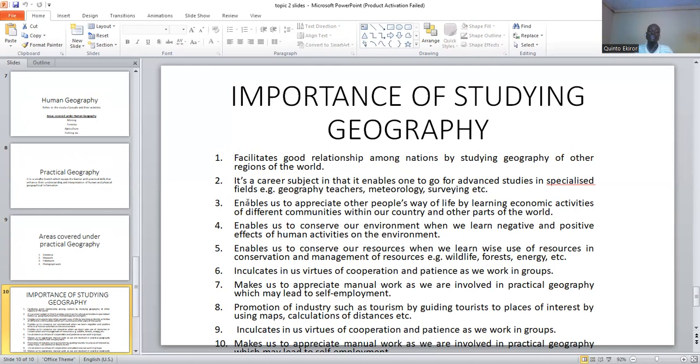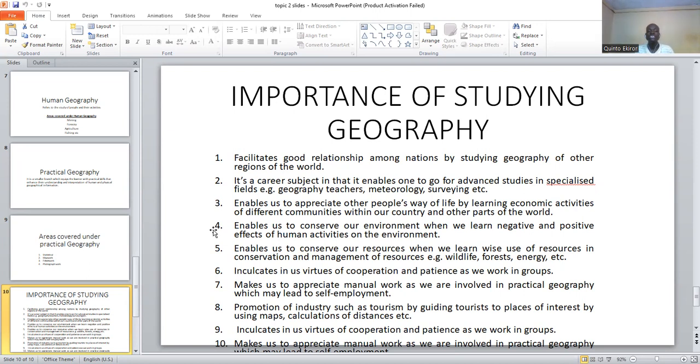Number two, it's a career subject in that it enables one to go for advanced studies in specialized fields, for example, geography teachers, meteorology, surveying, etc. And number three, geography enables us to appreciate other people's way of life by learning economic activities of different communities within our country and other parts of the world.